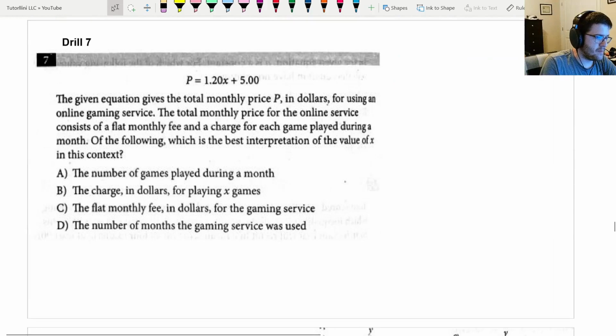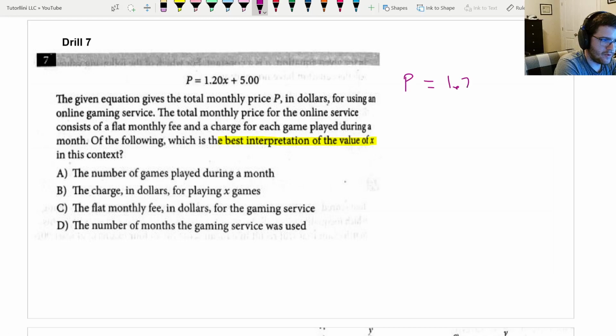Okay, which of the following is the best interpretation of the value of x in this context? Once again, I'm just going to put 1.2. This is slope-intercept form.